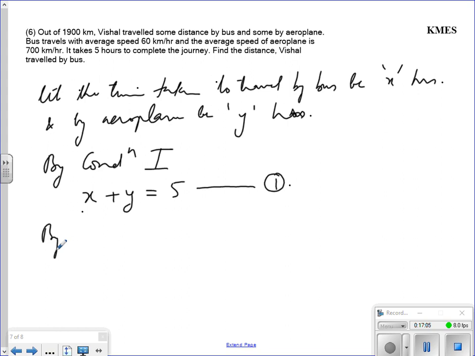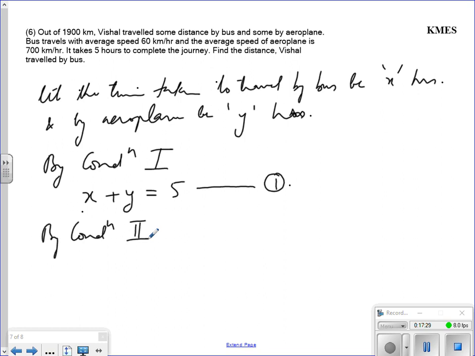The second condition, now here it is important for you to understand. We know that the total distance is 1900 kilometers. That means distance traveled by bus plus distance traveled by an aeroplane together makes it 1900 kilometers.